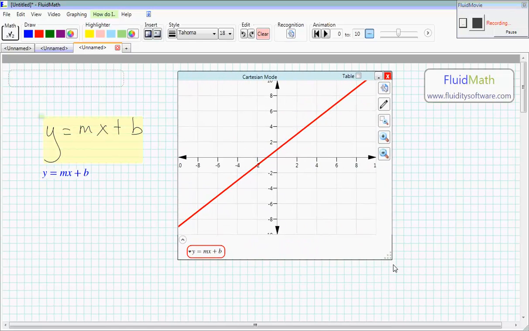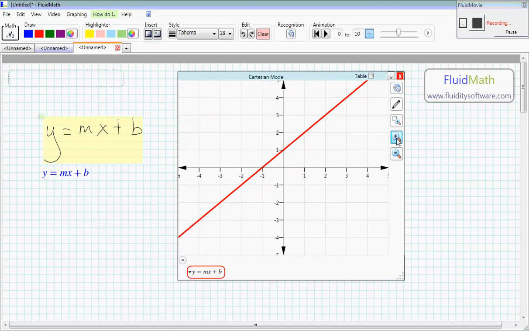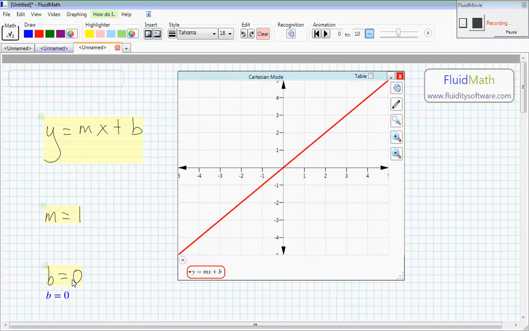The hope is this will help build your intuition about these parameters and how the line graphically behaves. So we have y equals mx plus b. Let's first just assign m equal to a real value number, so 1, and we'll set b equal to 0. I'm going to plot a coordinate pair along with this.